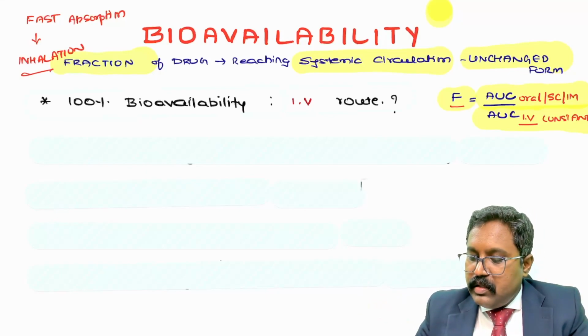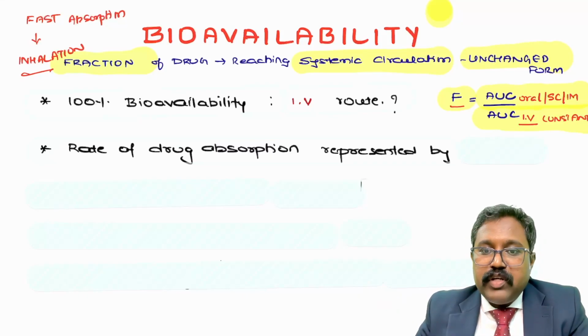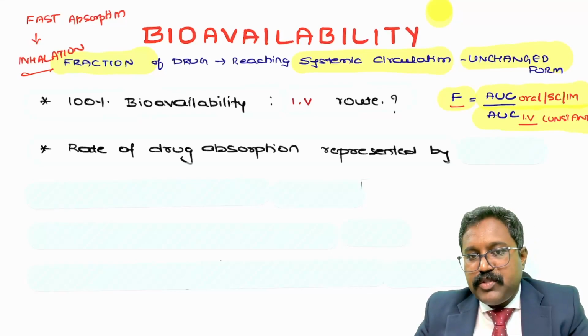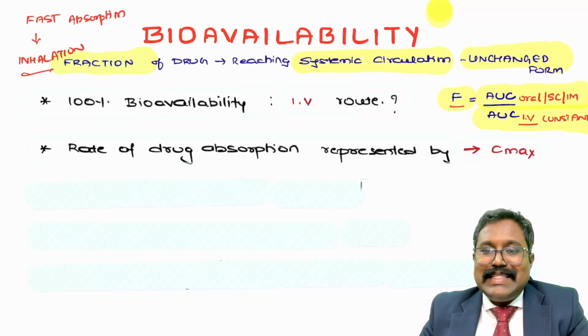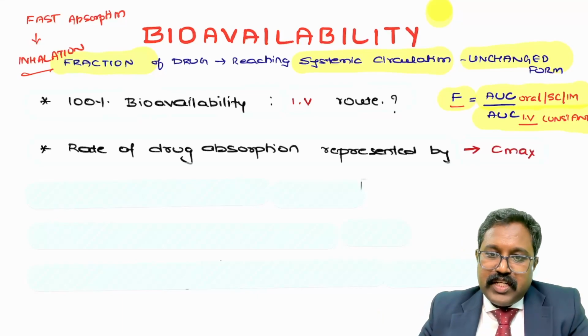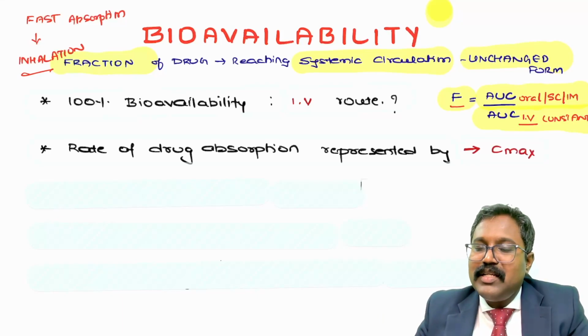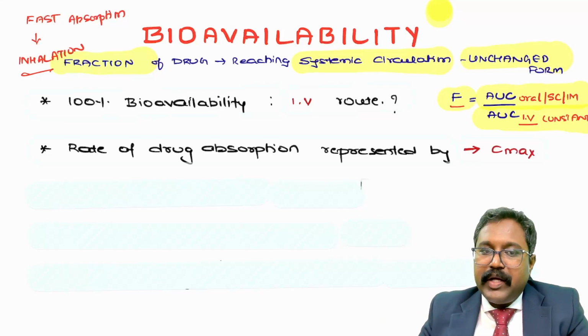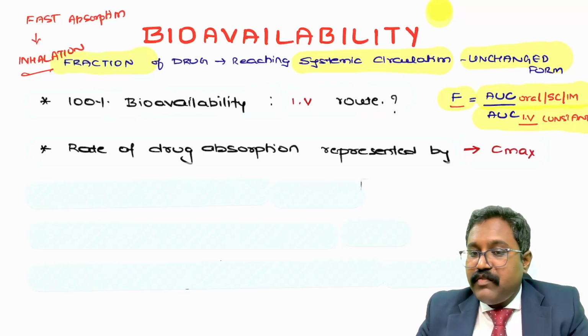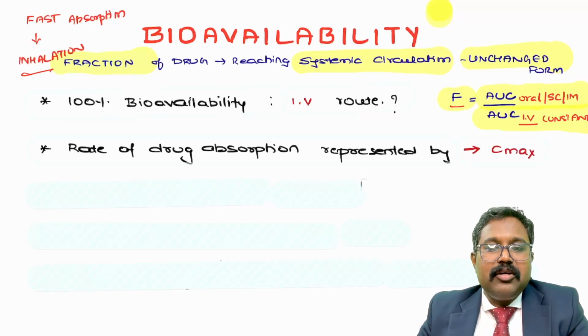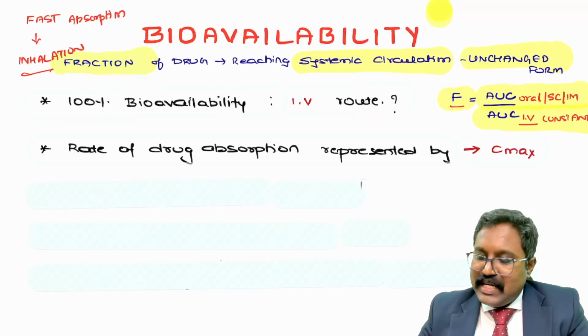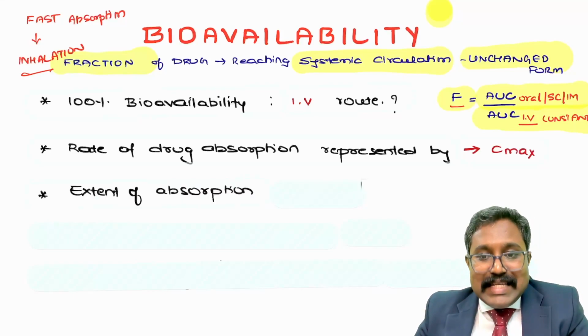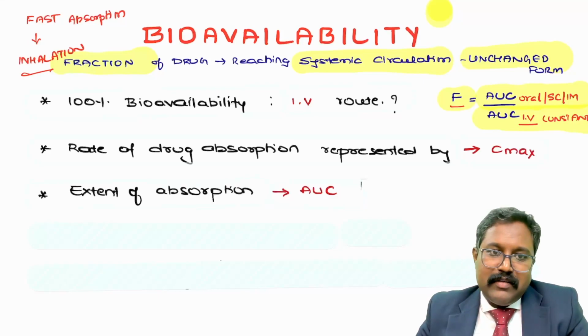Fine. Next, the rate of drug absorption is represented by what? The rate of drug absorption is represented by the Cmax. It is the topmost concentration, or the highest level of concentration, that will be reached in a particular unit of time. The extent of absorption is indicated by the area under the curve.